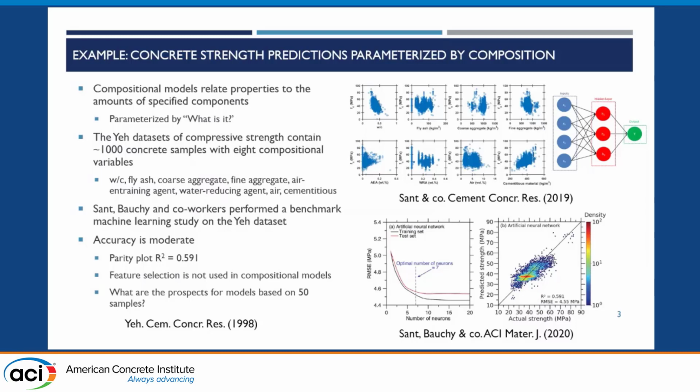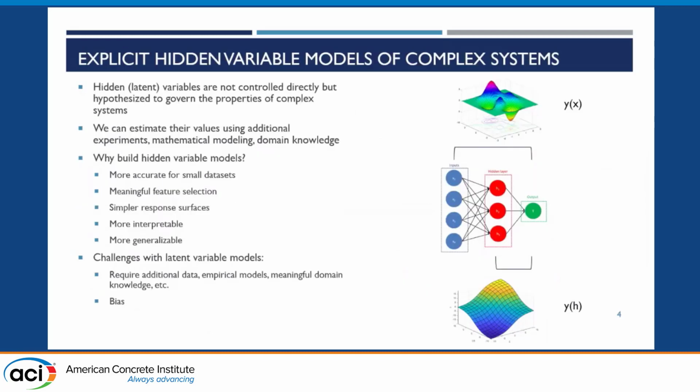And the authors of this work were wondering, what can we do if we have a small data set, not 1,000 data points, but more like 50 to 100, orders of magnitude lower than what you would typically see in machine learning models, using so-called latent variables, in their words, that are engineered, designed based on compositional variables.